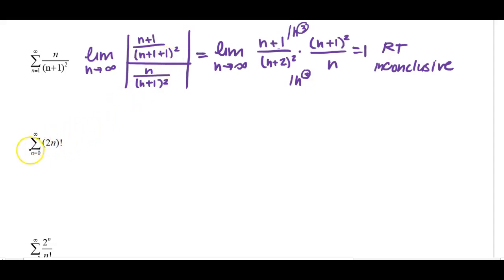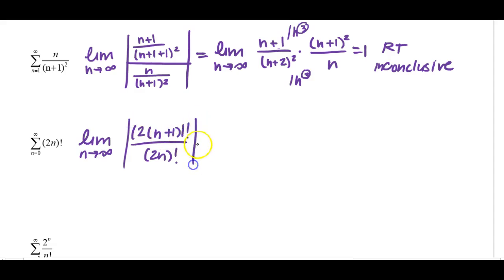I have the sum of n equals 0 to infinity of the quantity 2n factorial. So we're going to do the limit as n approaches infinity of 2 times n plus 1 factorial over 2n factorial.